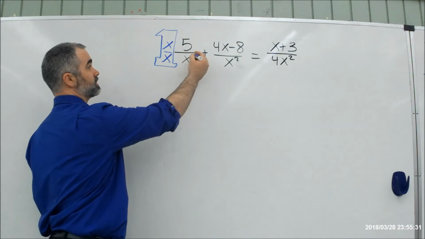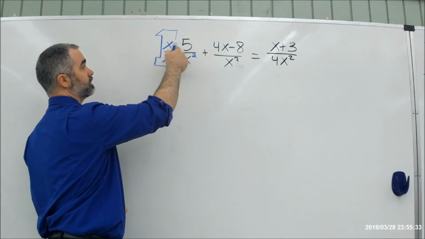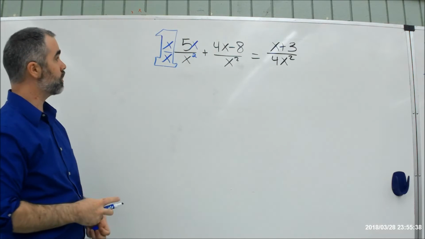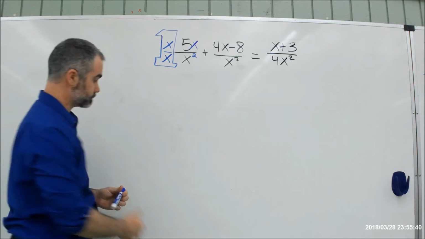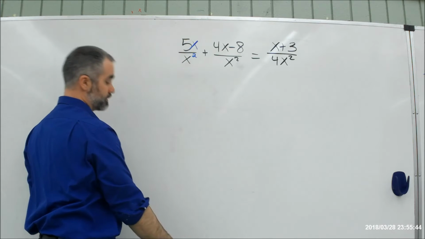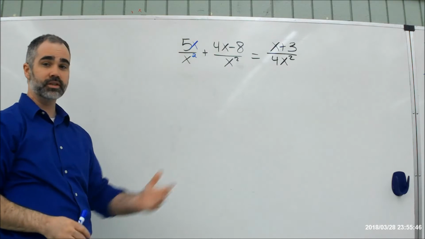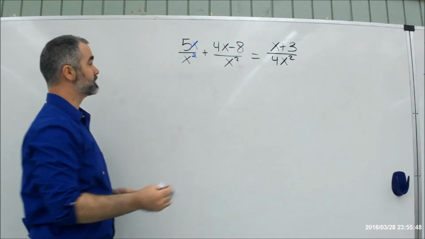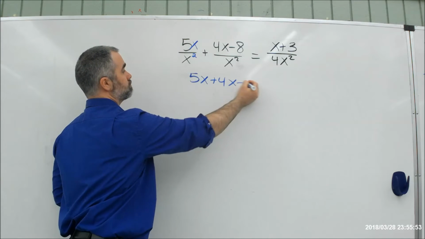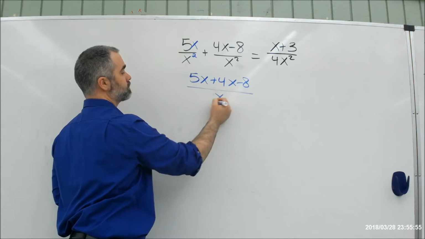X times x is just x squared, and 5 times x is just 5x. So those go ahead and simplify pretty quickly, and that leaves you with 5x over x squared. Now you've got a common denominator. You can go ahead and add these together. You've got 5x plus 4x minus 8 over x squared.